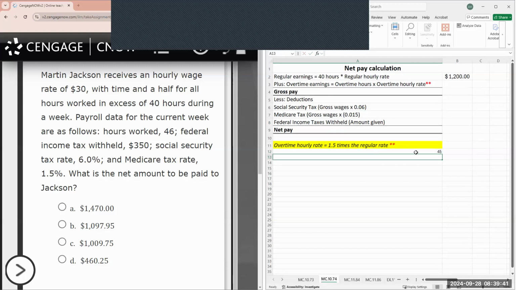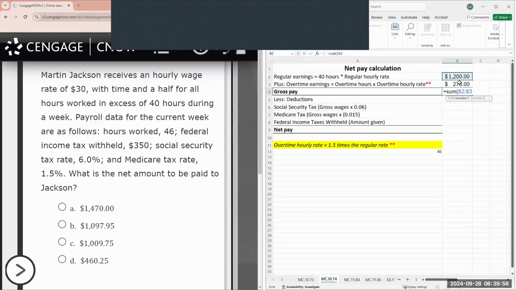So therefore, the overtime hourly rate is 45. So he worked 46 hours for the week. The overtime hours is 6 times 45. So the total gross pay is the $1,200 for regular earnings plus the overtime earnings for a total of $1,470.